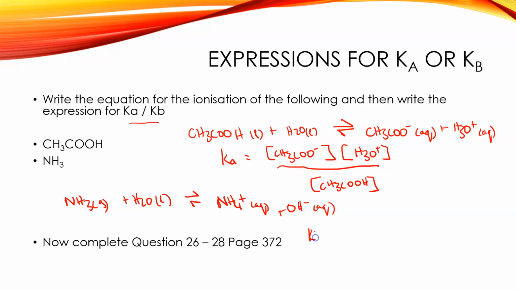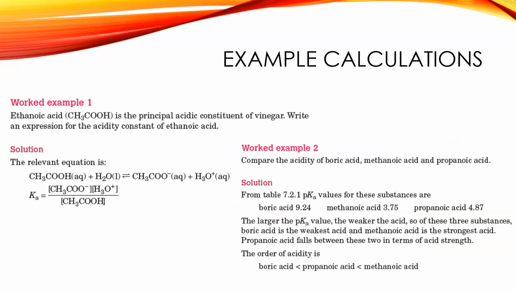So our Kb is going to be NH4+, the conjugate acid, times the OH minus, all over the base, removing water. So that should be a fairly nice mark if you're given that type of question on the exam, which you will see.